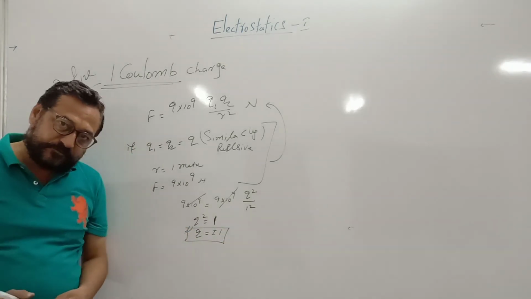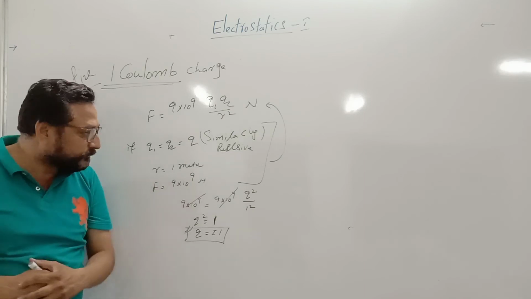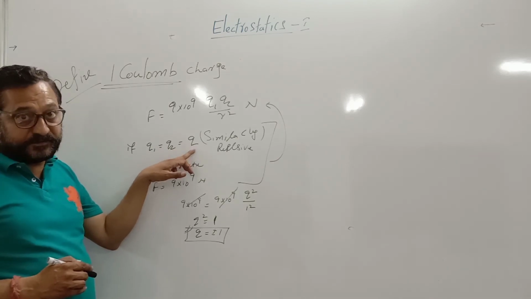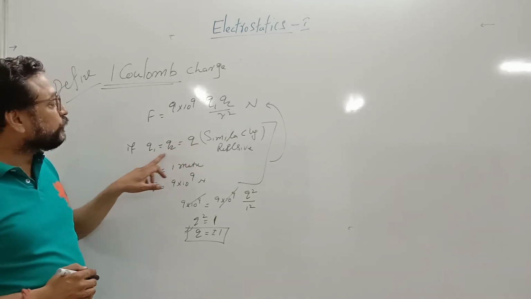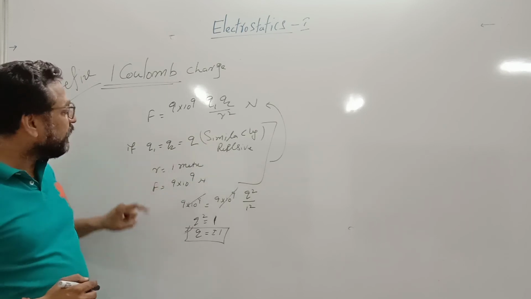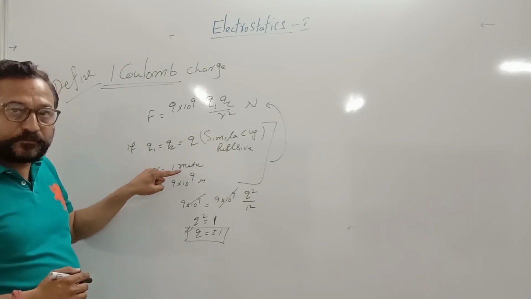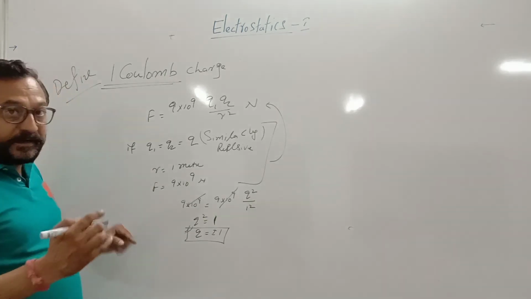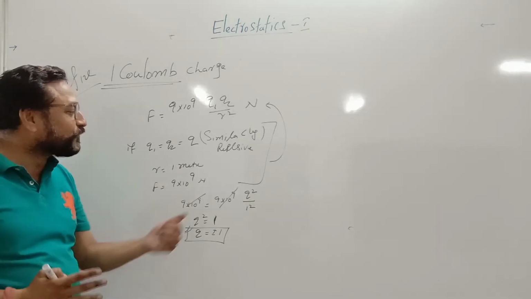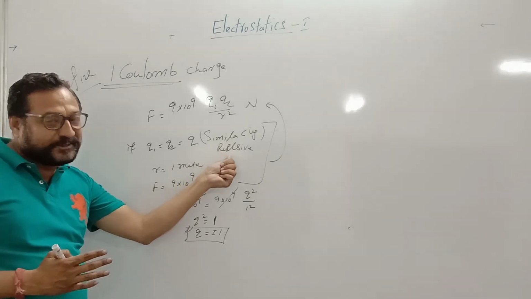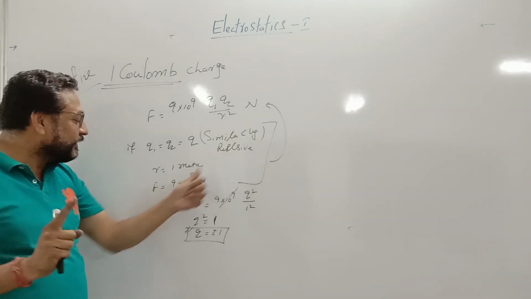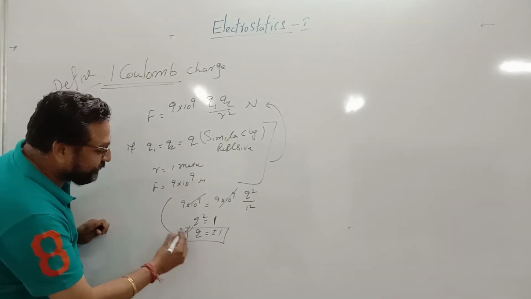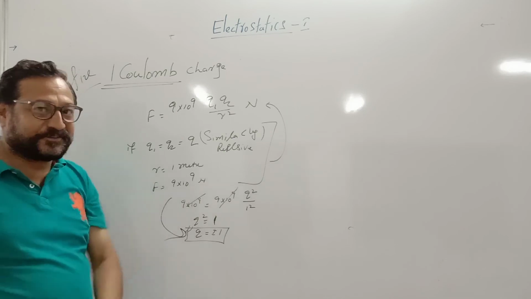What is the definition of 1 Coulomb charge? Please see the board again. When two equal and similar charges are kept at a distance of 1 meter and experience a force of repulsion of 9 into 10 to the power 9 Newton, then each charge is called 1 Coulomb charge.